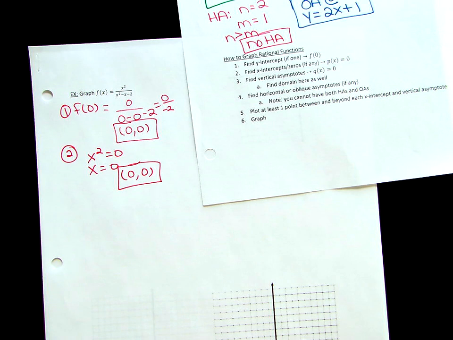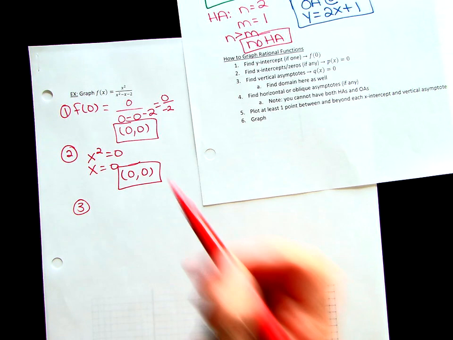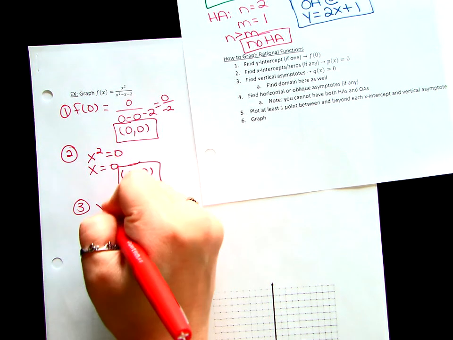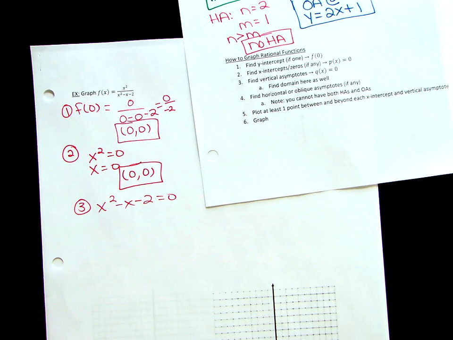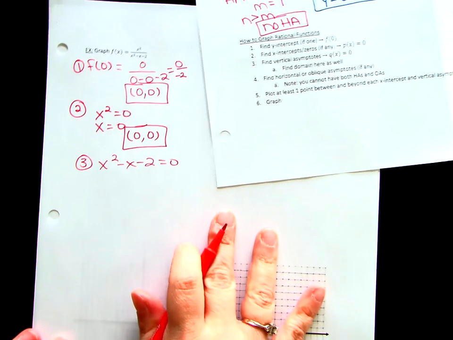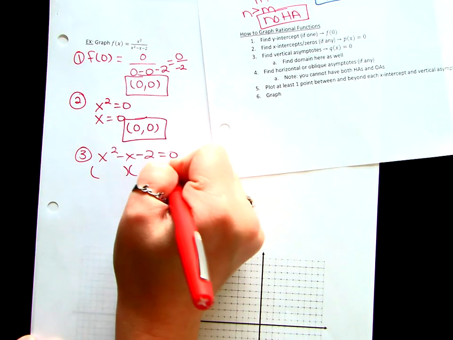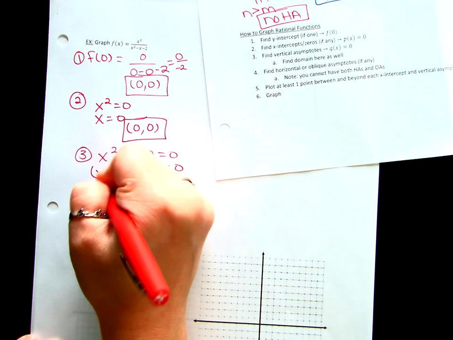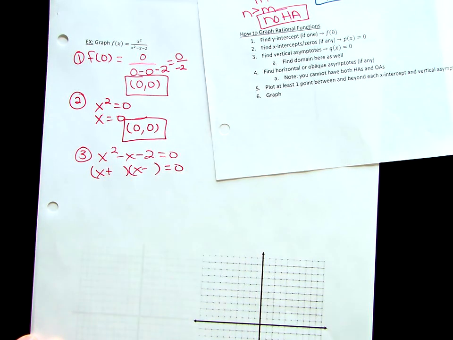All right. Step 3, find vertical asymptotes. That's where we let our denominator equal 0. So that's x squared minus x minus 2 equals 0. Always try to factor. We're going to have positive and negative. Factors of 2 that subtract together give me a negative 1.